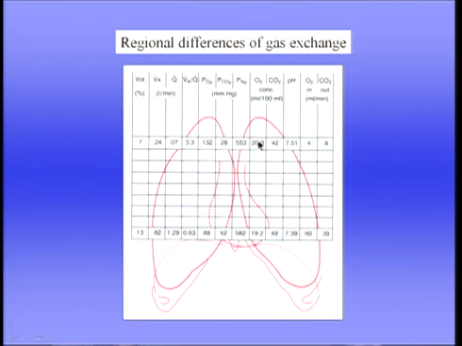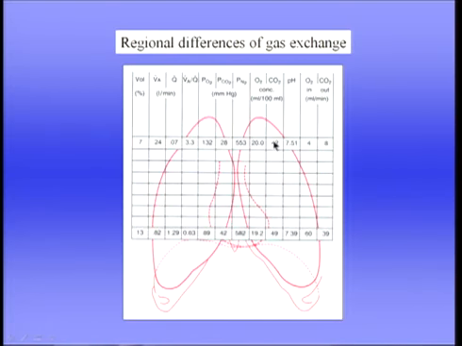Look at the oxygen concentrations of the blood draining from different parts of the lung. The oxygen concentration will be higher at the apex because the PO2 is higher, 132, and will be low at the bottom of the lung. Reversely, the CO2 concentration is less at the top of the lung than the bottom.